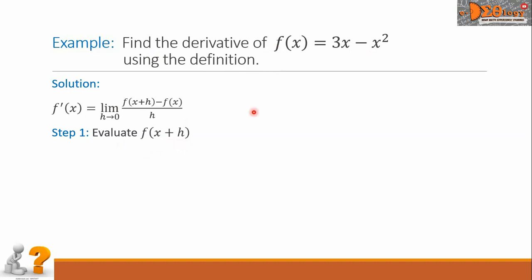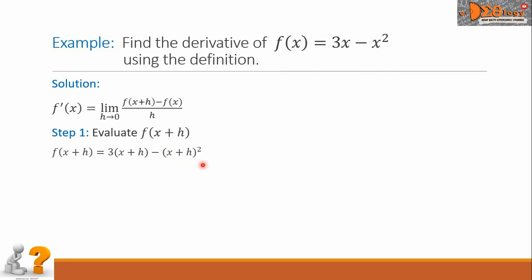It means, considering the given function here, let us substitute x plus h to all the x that we will see in the function. So we have now f of x plus h equals, the 3x here becomes 3 times the quantity x plus h minus the x squared now becomes the square of the quantity x plus h.